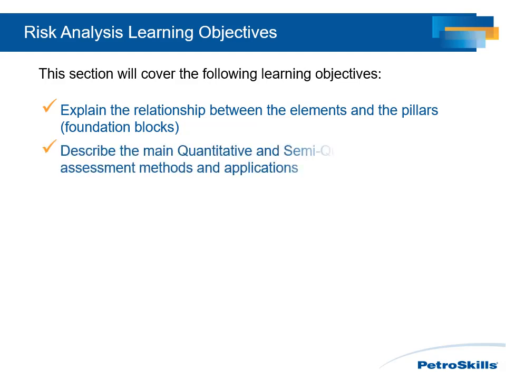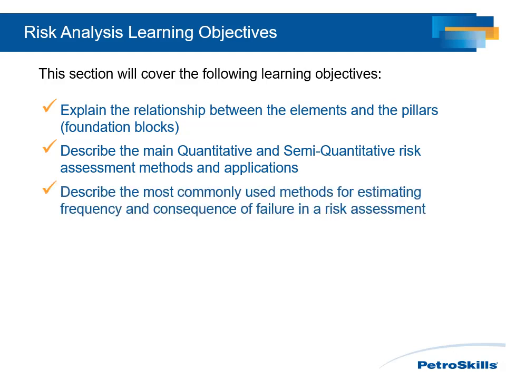In the second objective, we will be looking at the main quantitative and semi-quantitative risk analysis methods and their applications, and we will be describing them and showing how they can be used. The third objective will be describing commonly used methods for estimating frequency and consequence of failure.